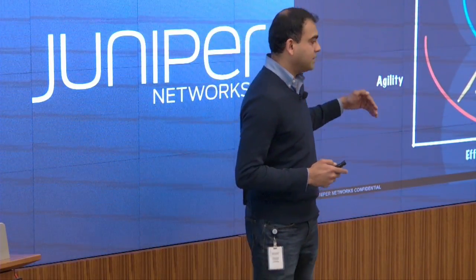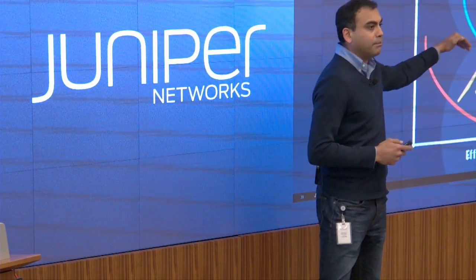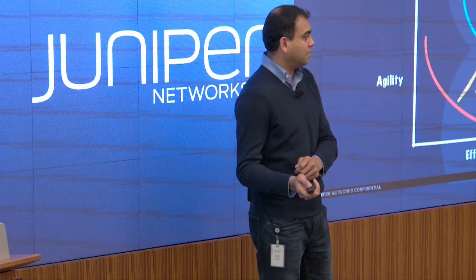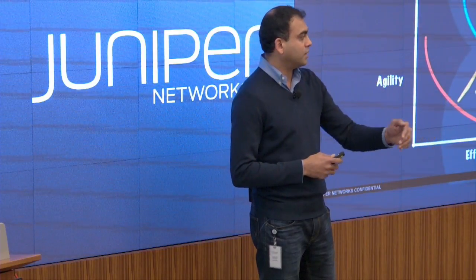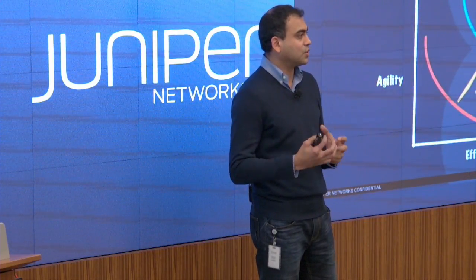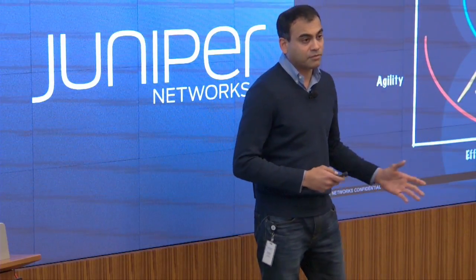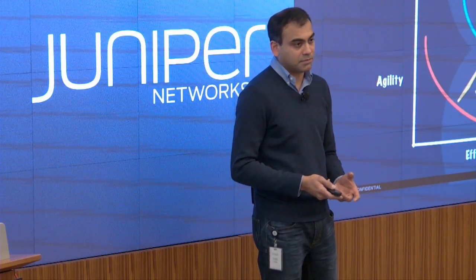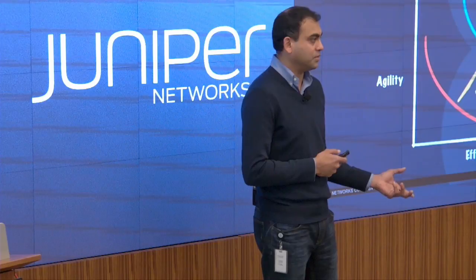So these are the ways we are trying to move this curve altogether up, not just stay along an incremental path where you improve efficiencies but then lose out on agility. We want to move that curve upwards by doing things in software. It's very easy to understand this curve when we talk in a hardware context. For example, ASICs are really efficient, power efficient, performance efficient, but not as agile as maybe general purpose Intel CPUs, right?